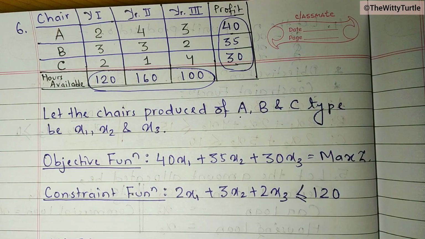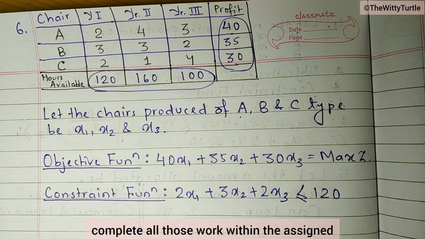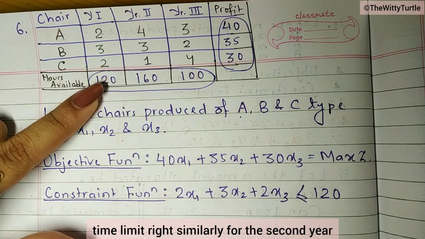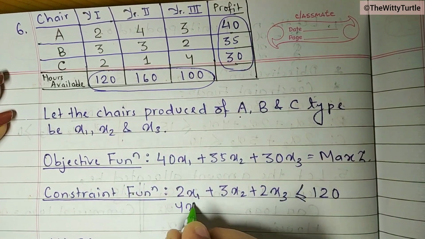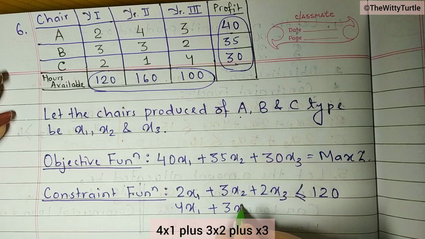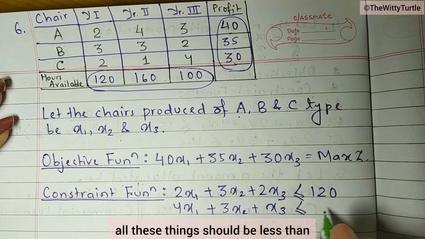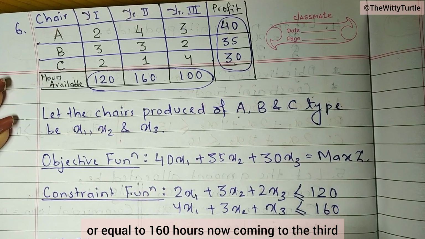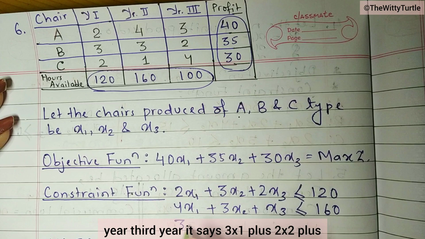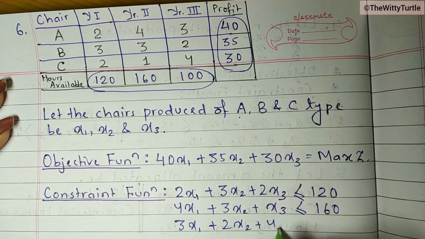So whatever work we have in the first year, we have to complete all that work within the assigned time limit, right? Similarly, for the second year, how much will it be? 4x1 plus 3x2 plus x3. All these things should be less than or equal to 160 hours. Now coming to the third year, it says 3x1 plus 2x2 plus 4x3.